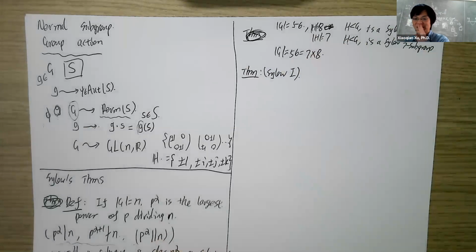first, the Sylow theorem says that a Sylow p subgroup for an arbitrary group always exists.